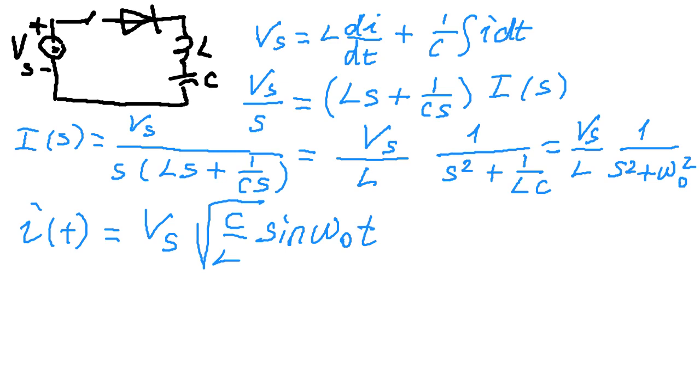Omega o is our resonant frequency. So that means there is no loss. Whatever energy you store in your inductance and whatever energy you store in the capacitance are transferred to each other. You understand that one?